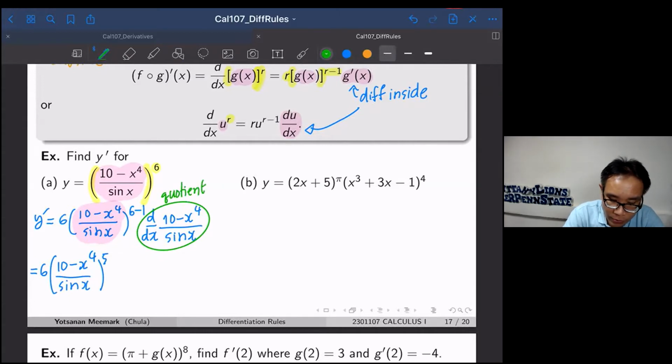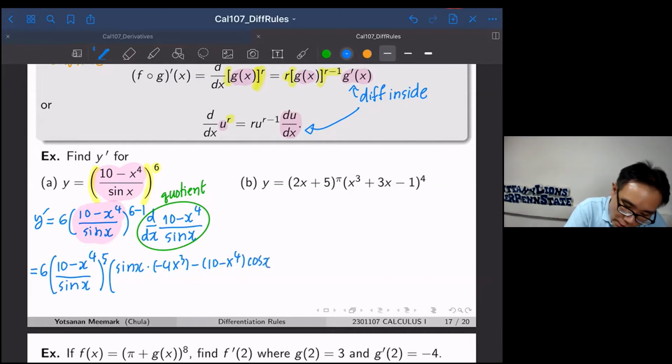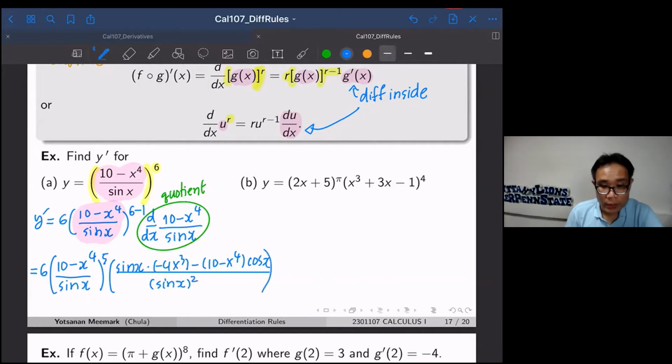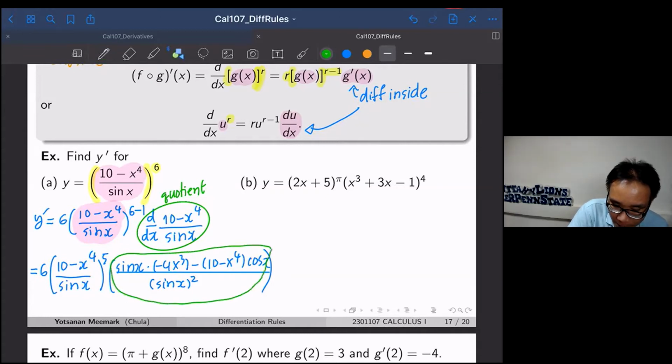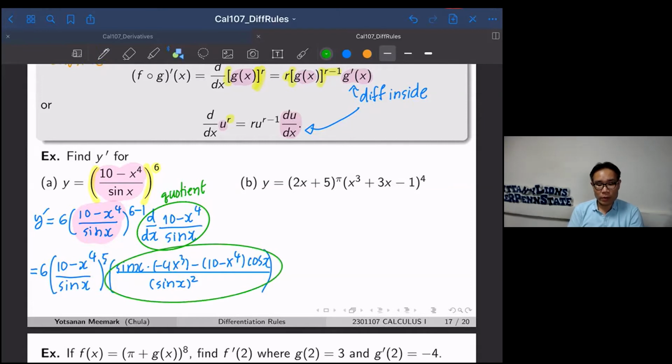It's going to be the bottom, which is sin x, times the derivative of the top, which is negative 4x cubed, minus the top times the derivative of the bottom, which is cos x, and everything will be over the bottom squared, so over sin squared x. This is your final answer, and you obtain it from using the quotient rule. So this is how we have the final answer.